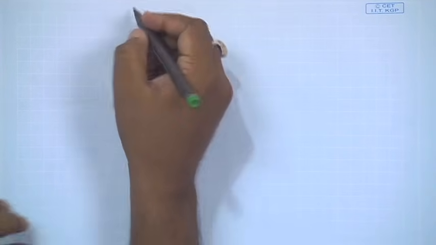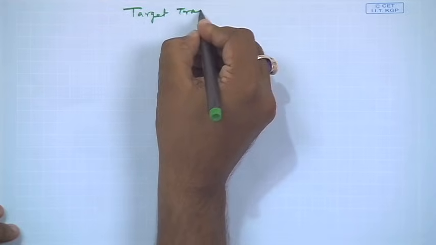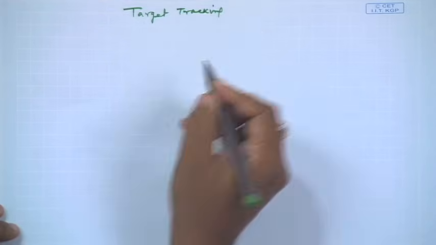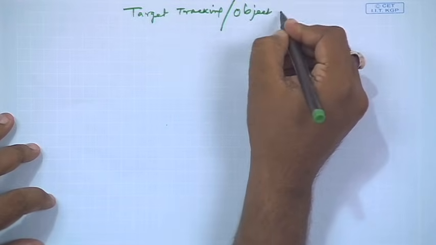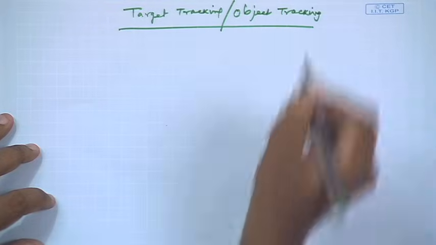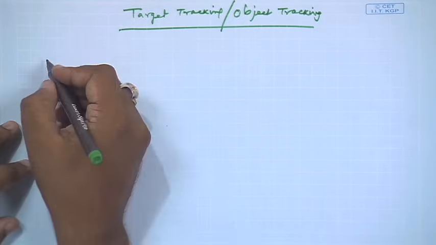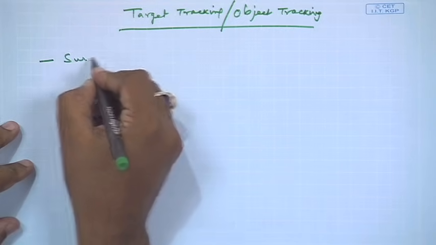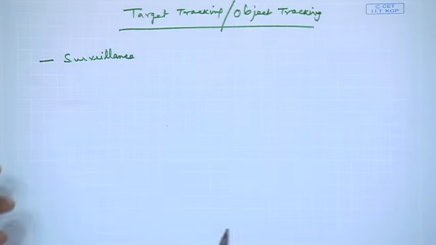Let us say target tracking. This is also known as object tracking. Sensor networks are very useful for surveillance applications.